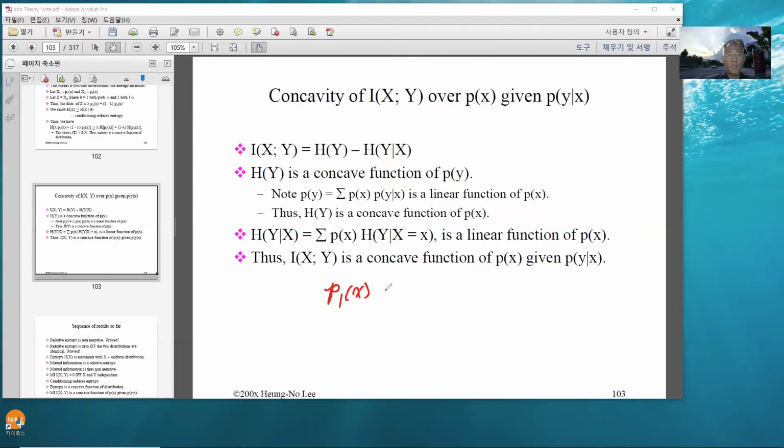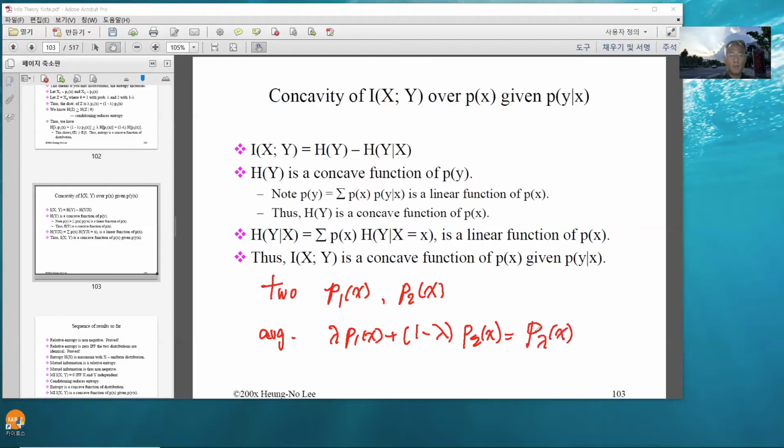Because this is about p(x) as input, you consider two distributions, p1(x) and p2(x). And then you want to consider the average of distribution, right? So lambda p1(x) plus (1 minus lambda) p2(x). So this is what? Average distribution.